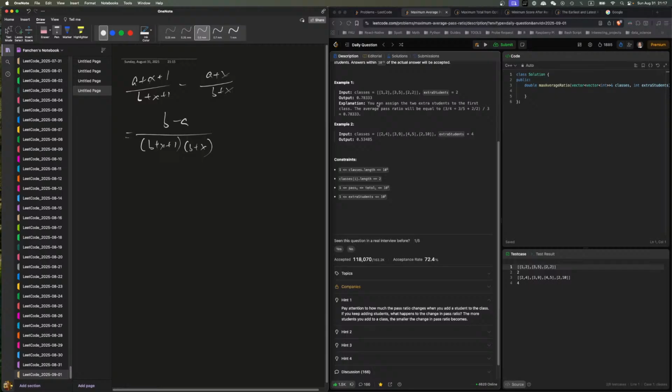So we start with X equal to 0, which means we just add 1. We put everybody in, and then we add another one, and another one. That means we add 2, and the difference is going to be, we add 1.